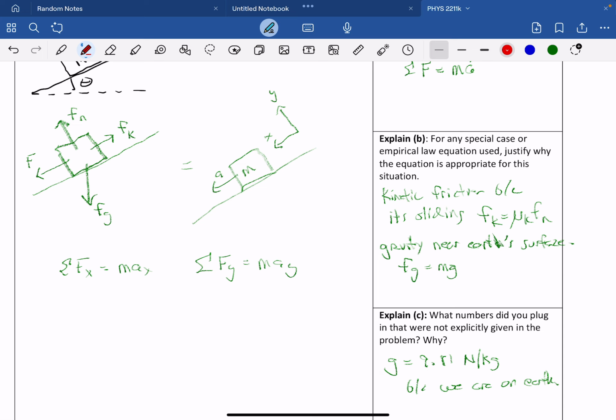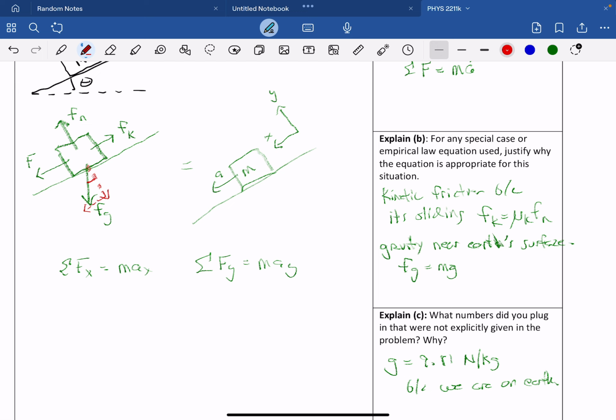Gravity, we need to split the gravity force into a component that's parallel to the hill and a component that's perpendicular to the hill. So what that would look like is perpendicular to the hill, it pulls into the hill, and parallel to the hill, it pulls down the hill. So this angle here is the same as the angle of the hill.